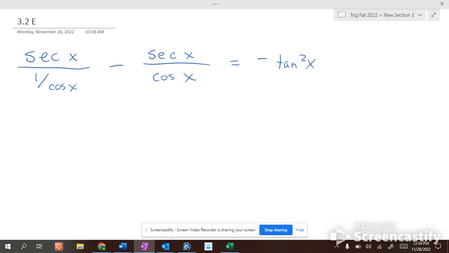Let's say we have something that looks like this. Secant over 1 over cosine minus secant over cosine equals negative tangent squared. And you go, what? All right, so where should we start?